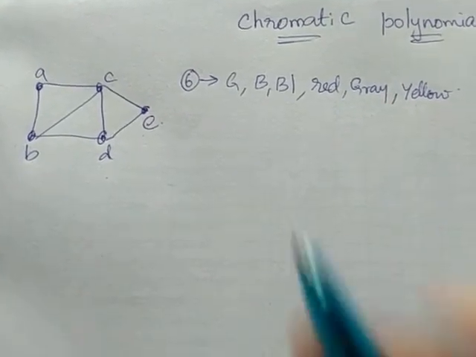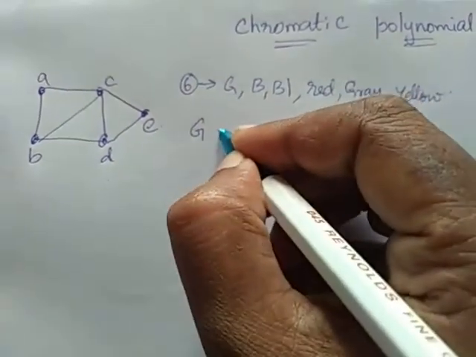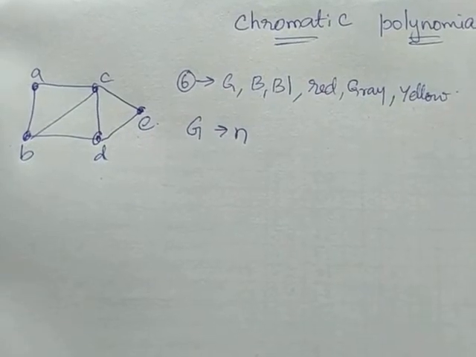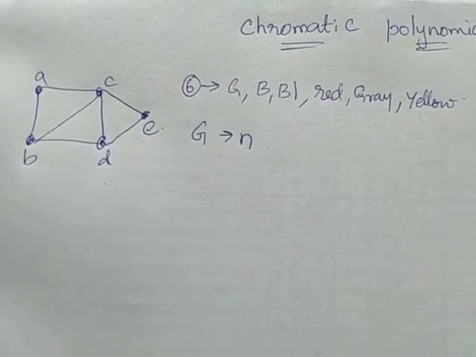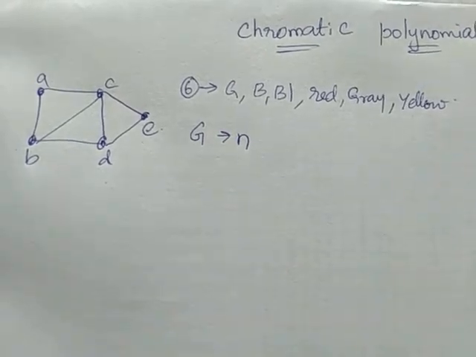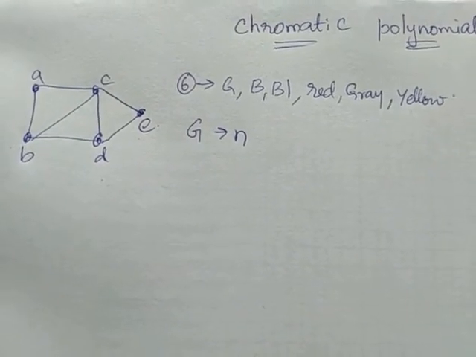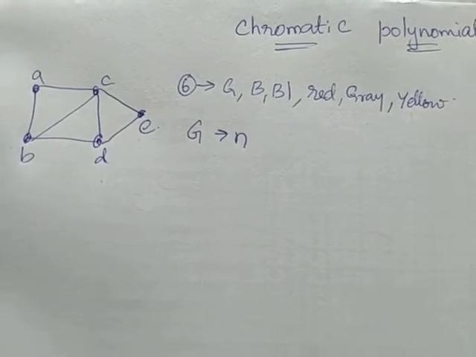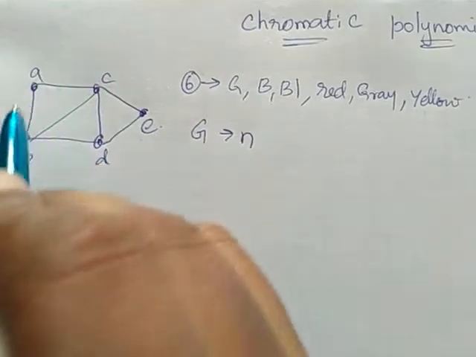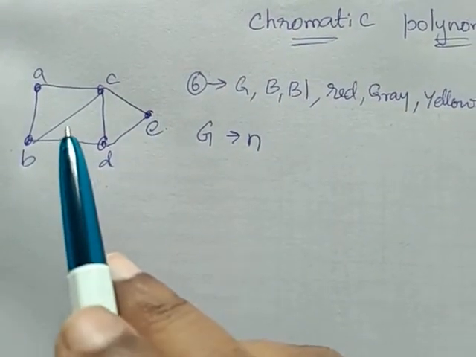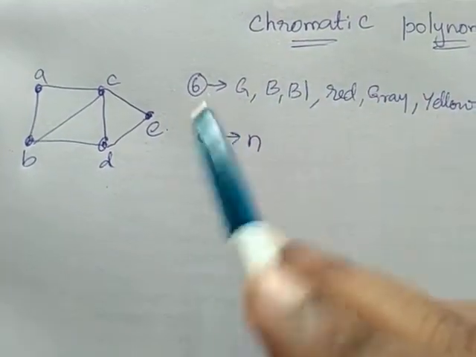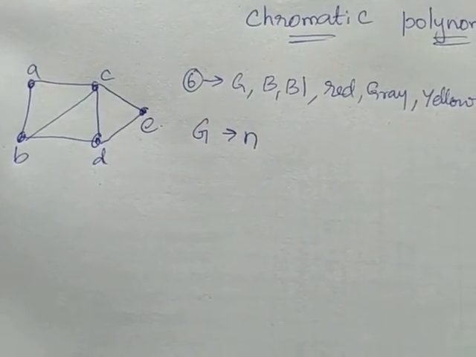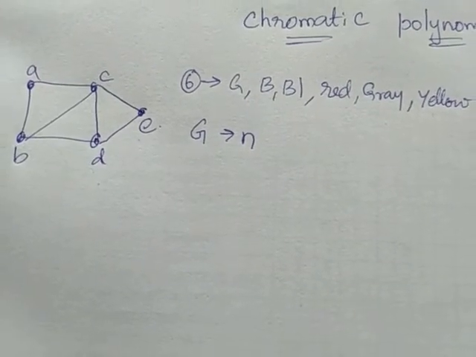So a graph G with n vertices can be properly colored in many ways using a sufficiently large number of colors. This property is expressed by means of a polynomial. See, this graph can be colored properly using many colors in many ways. It can be expressed using a polynomial which is known as chromatic polynomial.